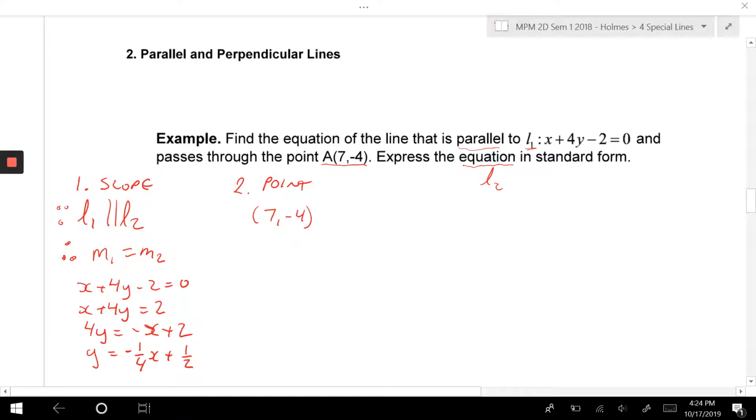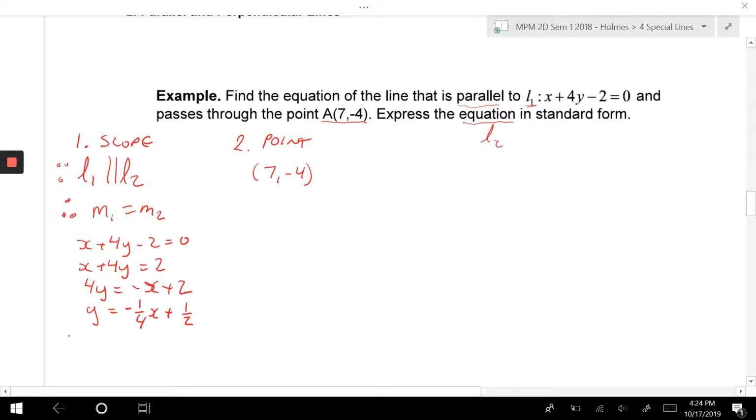So the slope of line 1 is minus 1 over 4. Because slope 1 is equal to slope 2, the slope of the line I'm looking for is minus 1 over 4.